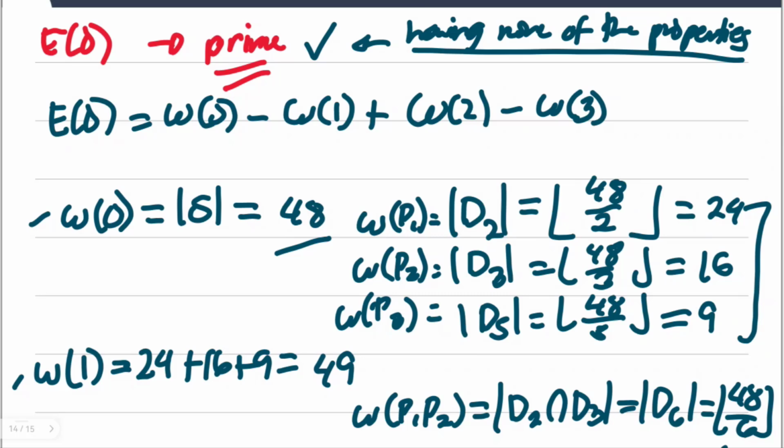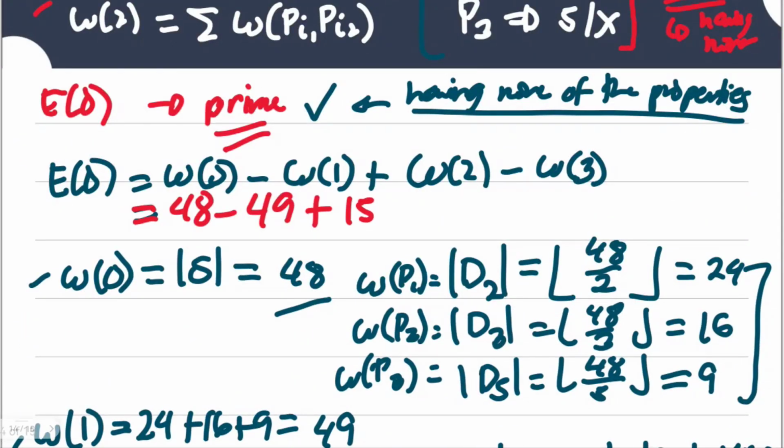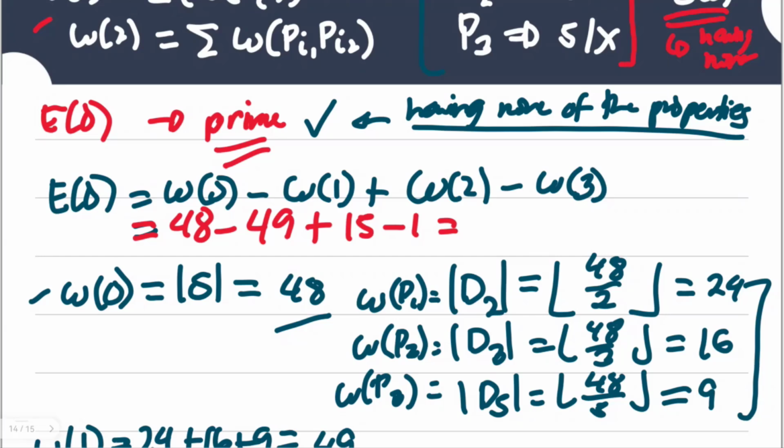So our result, let me use red here, that's 48 minus 49 plus 15 minus 1, which will give us a result equal to 13.